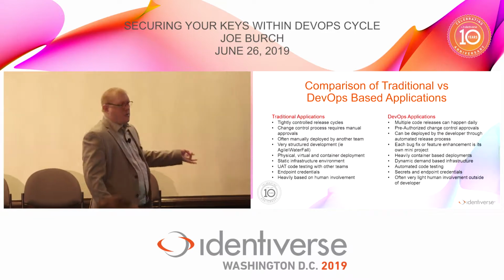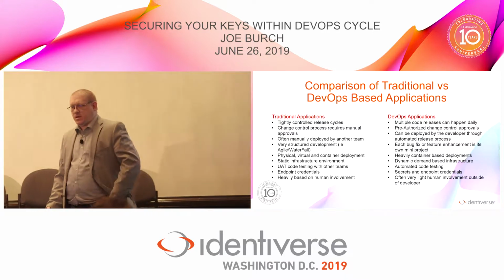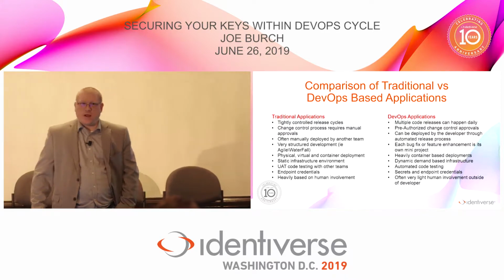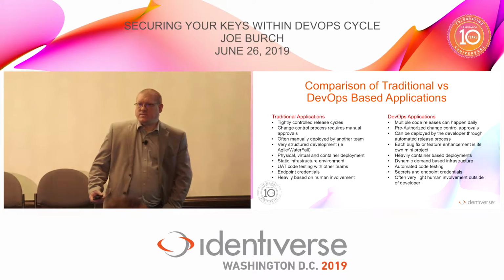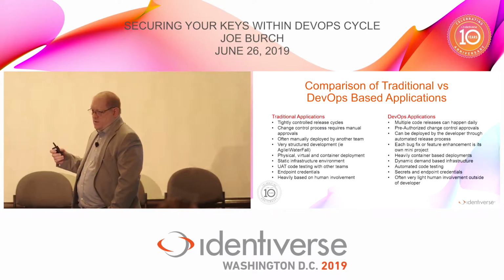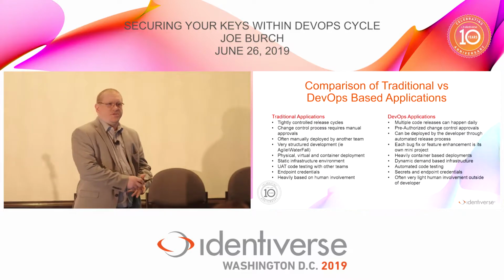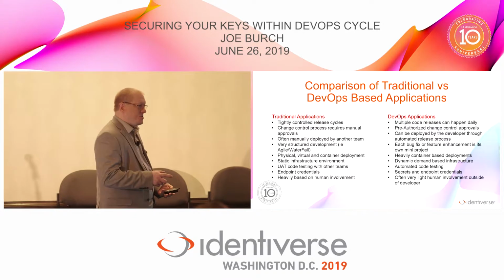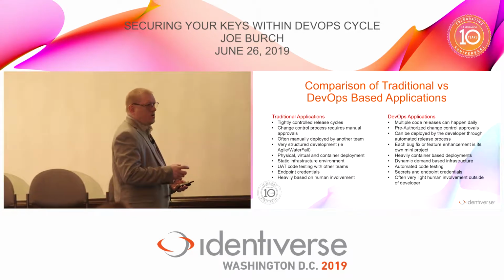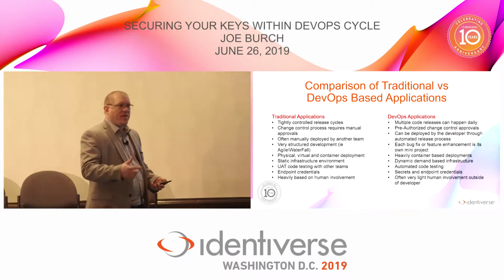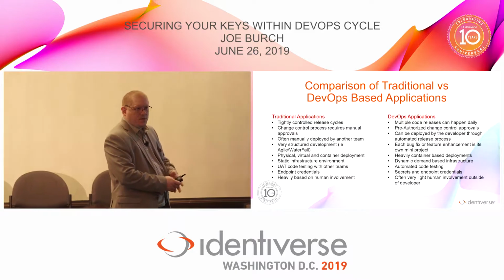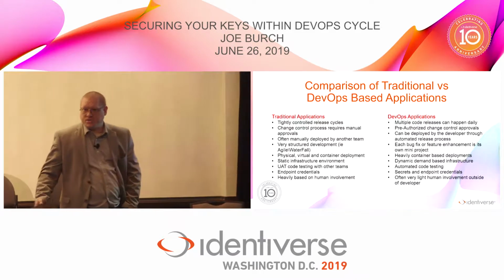You have physical, virtual, and container deployment in the traditional, whereas in DevOps, it's highly containerized, which means we have allowed each of the components within our applications to become smaller and smaller and maybe do one purpose. We can rip and replace that one piece out without replacing the entire application, or doing massive code changes to the application.